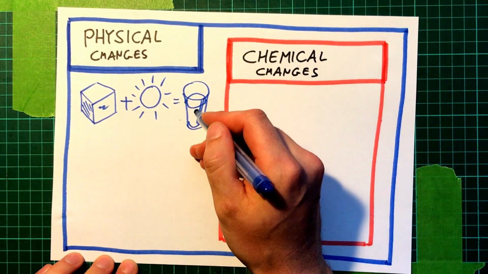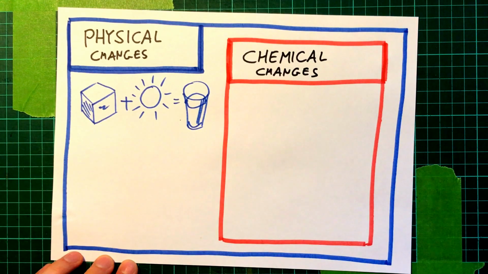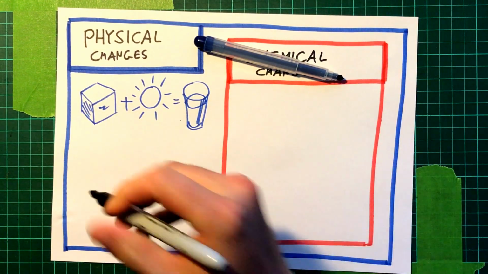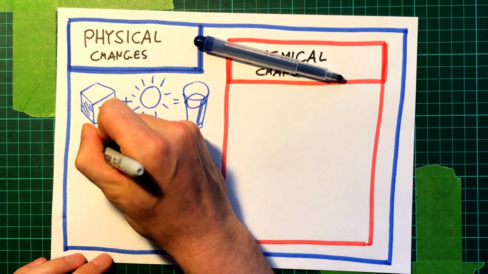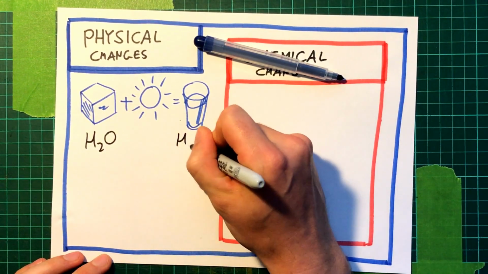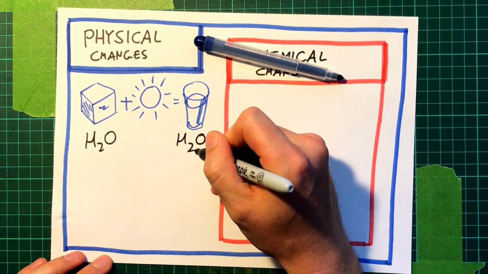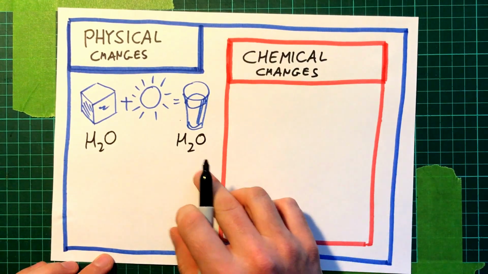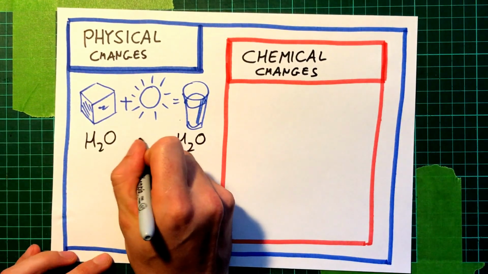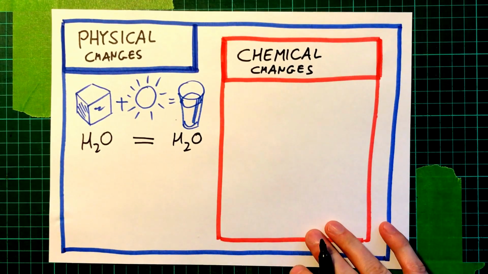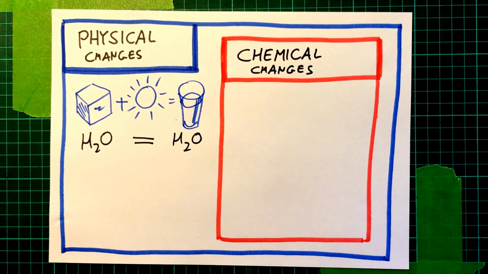Water in liquid form, water in solid form. Obvious, I know, but this will be important later because water is good old H2O and water is the same chemical composition over here. You get what we're talking about, not a chemical change. The chemical composition is equal throughout.